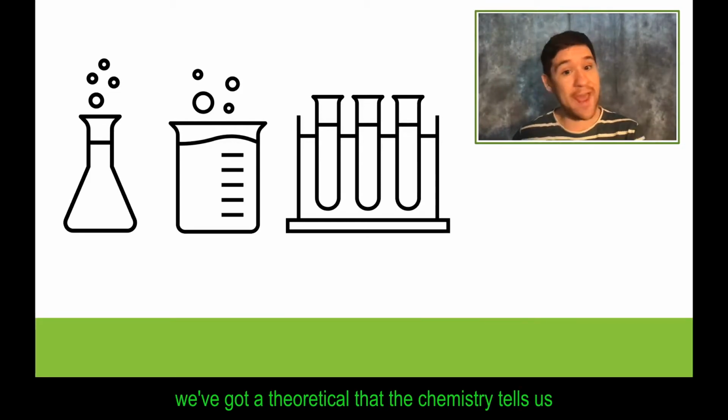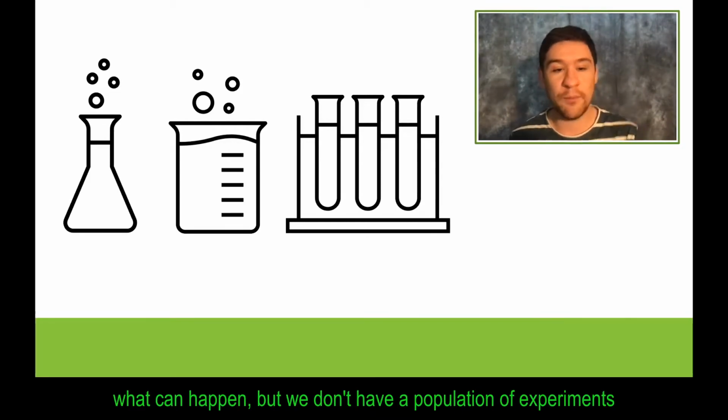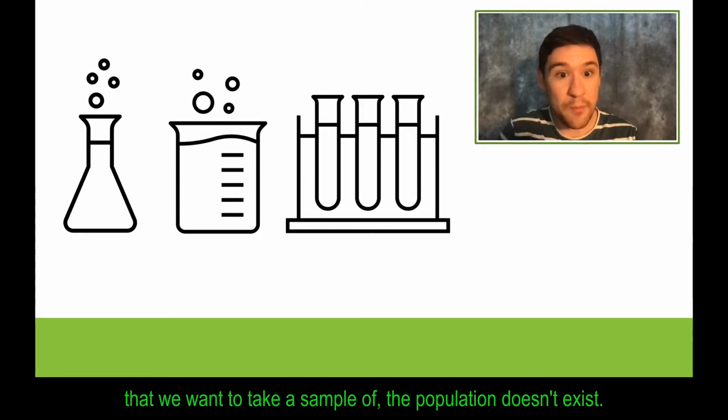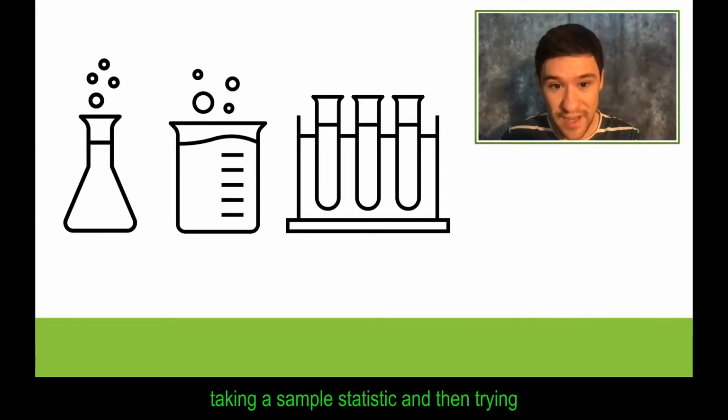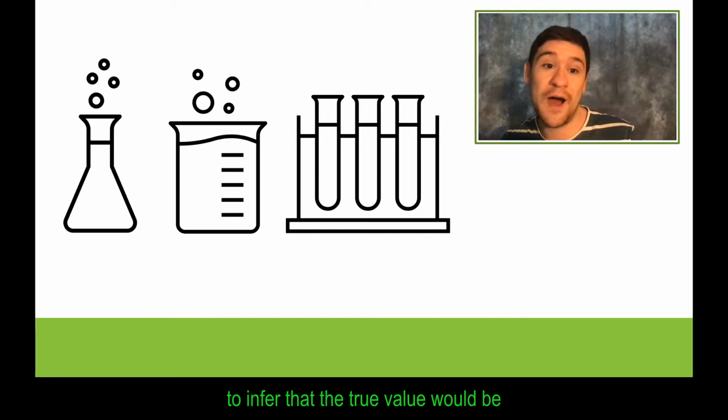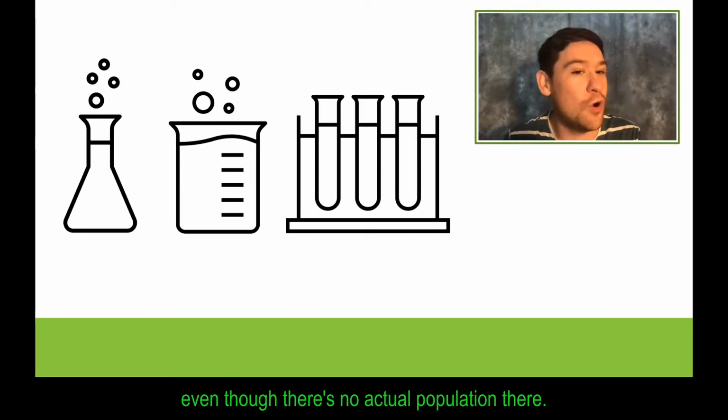The chemistry tells us what can happen in theory, but we don't have a population of experiments to measure. The population doesn't exist. But by performing a few experiments, we are still taking a sample statistic and then trying to infer what the true value would be, even though there's no actual population there.